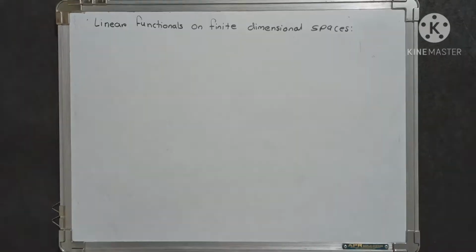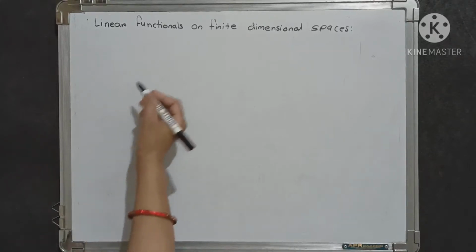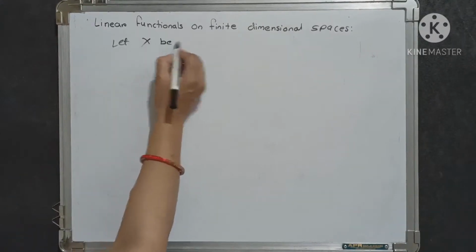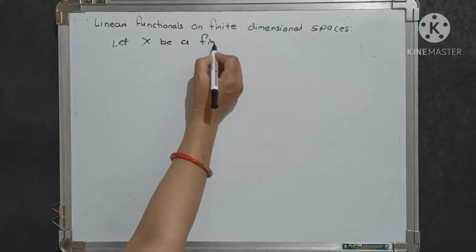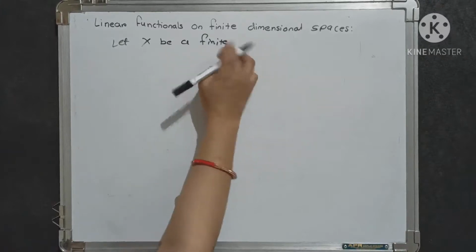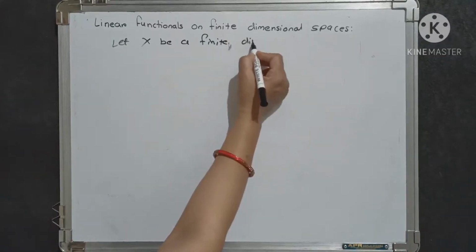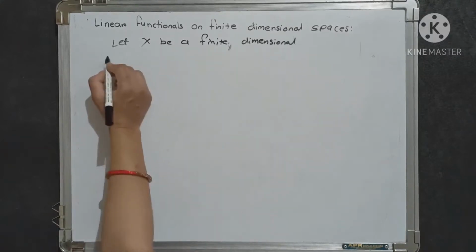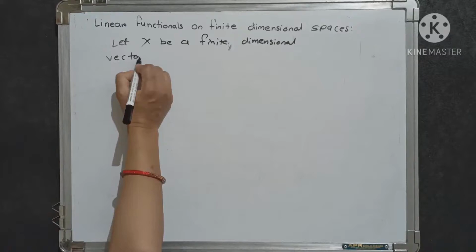In the second part we see linear functionals on finite dimensional spaces. So we start with a finite dimensional vector space. Here let capital X be a finite dimensional vector space.